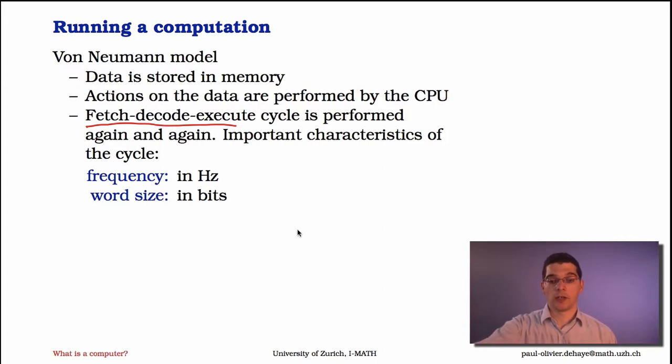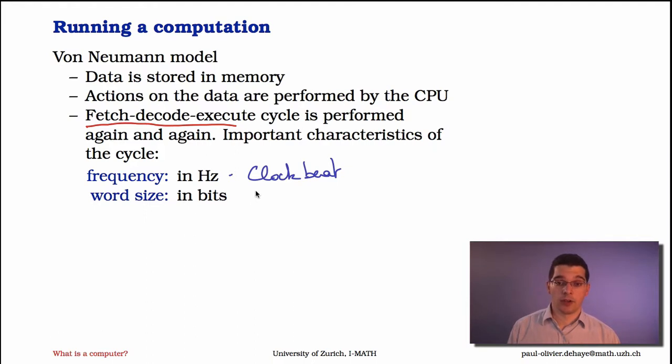If you look, there are two important characteristics. The first one is the frequency: how often does the clock beat? It could be in the millions or billions. And then there is the word size. When I said an integer, I meant a precise number of bits. There's a certain number of bits that is transported at a time, not just one, and that number is the word size.